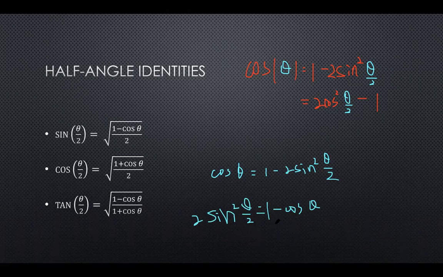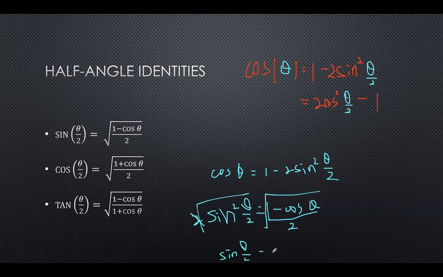Then divided by 2, and finally you have the square, so you have to square root. Then we have sine of theta over 2 equals square root of 1 minus cosine theta over 2.